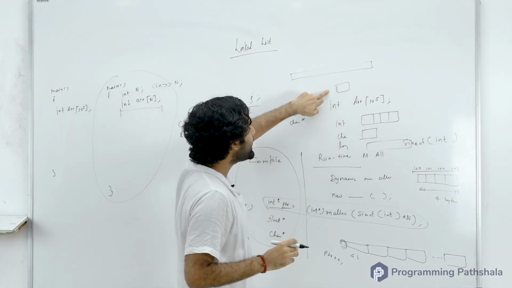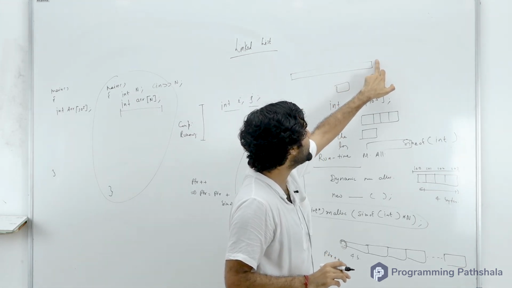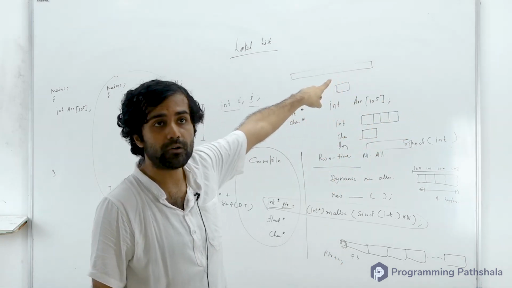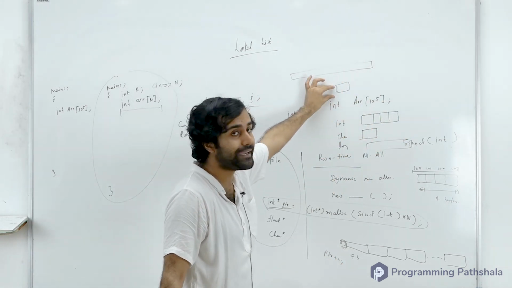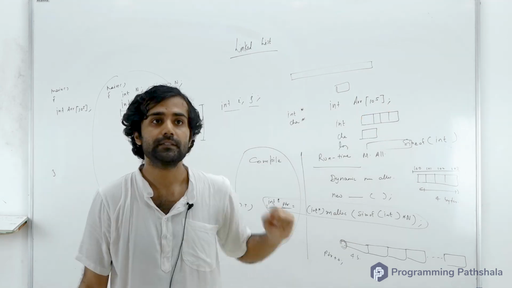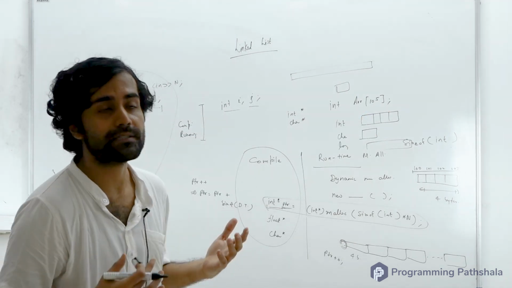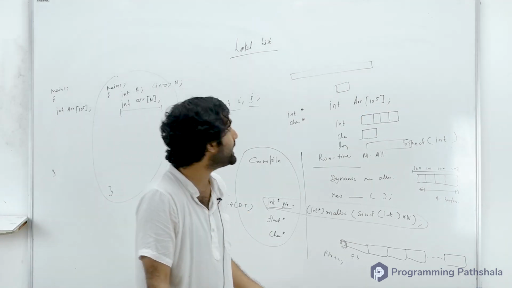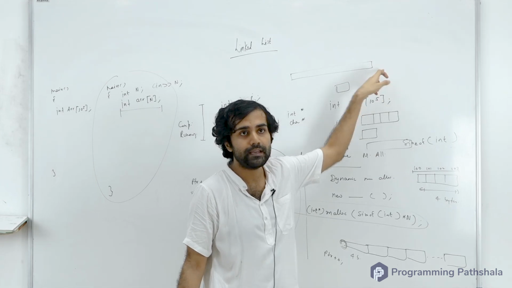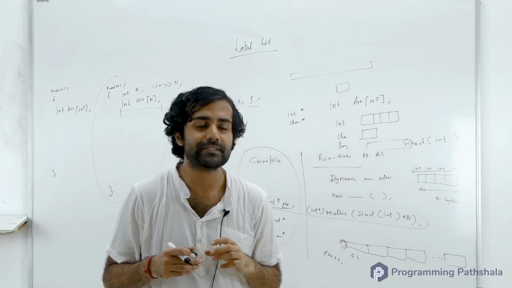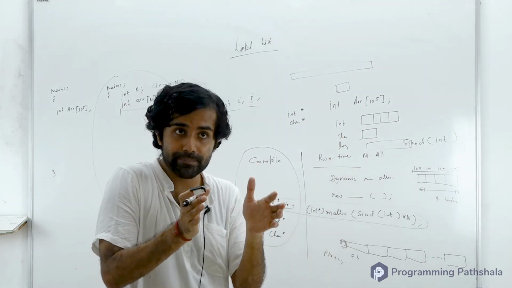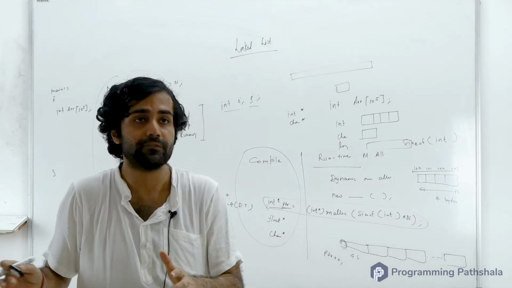Now that memory location need not be contiguous to this. It can be allocated to you anywhere. Can somebody tell me why? Why is it not possible for me to ask the computer, hey, you provide me this slot only? Have you ever seen a computer program which says, hey, I need memory location 1000 or memory location 5000?